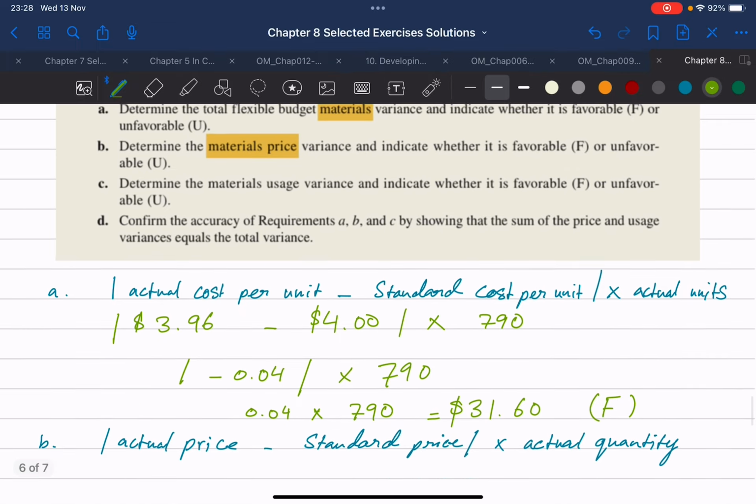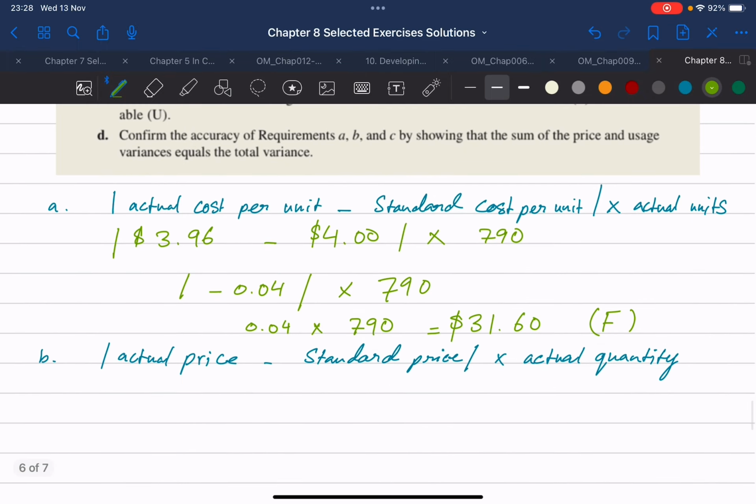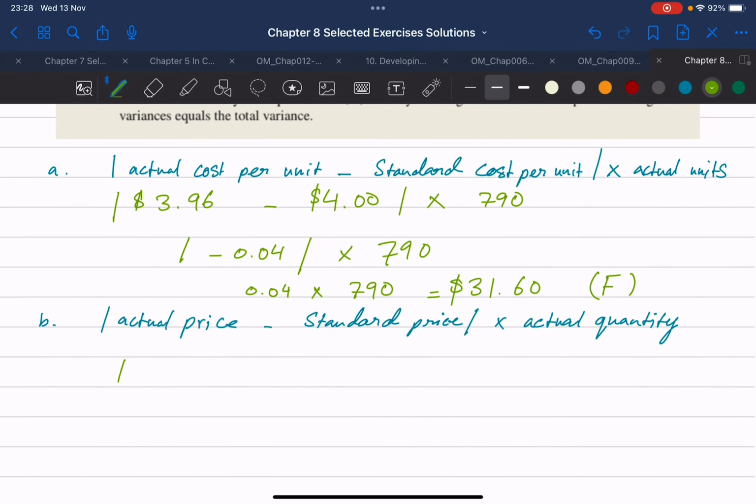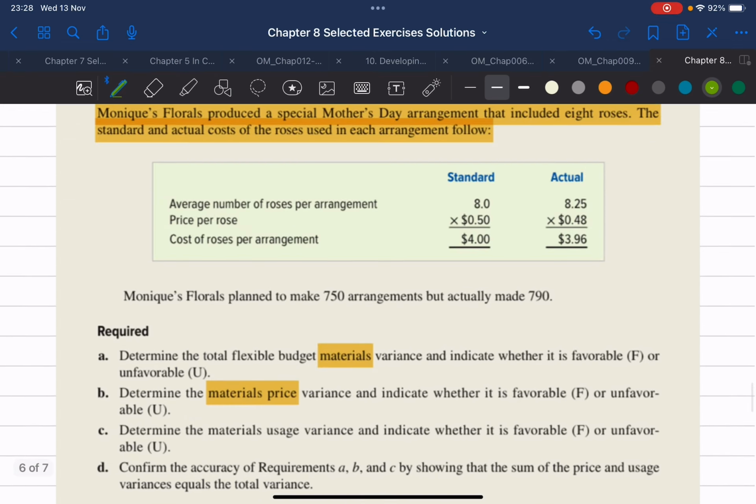The actual price was right here, price per rose 48 cents, and the standard price is 50 cents. Okay, so substitute in the formula. Absolute value of 48 cents minus 50 cents multiplied by the amount of roses that the business had to use, which is the actual number of roses right here, 8.25.